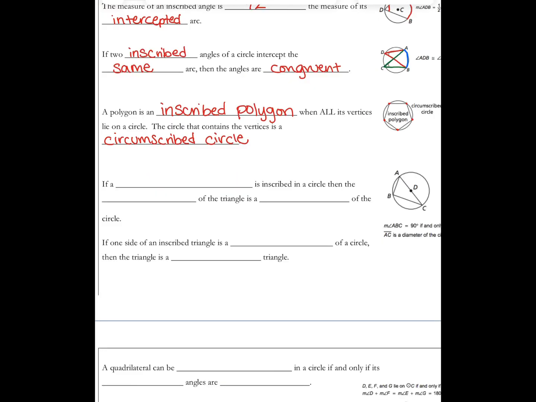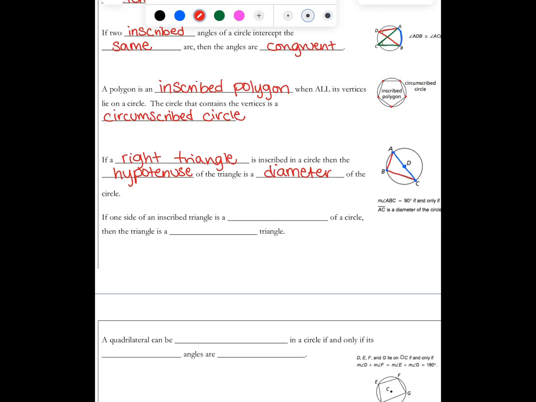The next theorem states that if a right triangle is inscribed in a circle, then the hypotenuse of the triangle is a diameter of the circle. If one side of an inscribed triangle is a diameter of a circle, then the triangle is a right triangle.